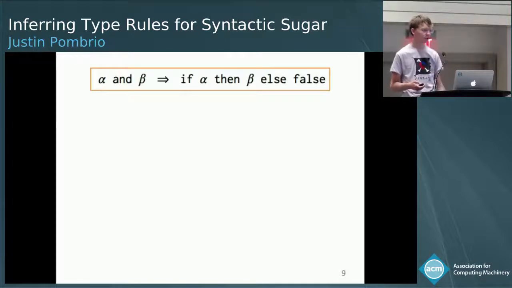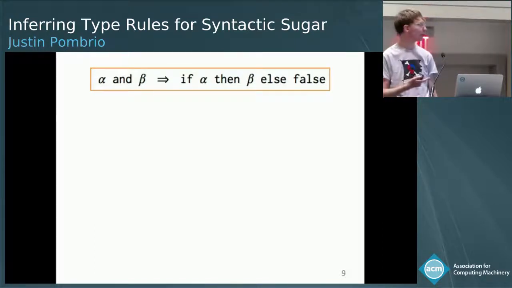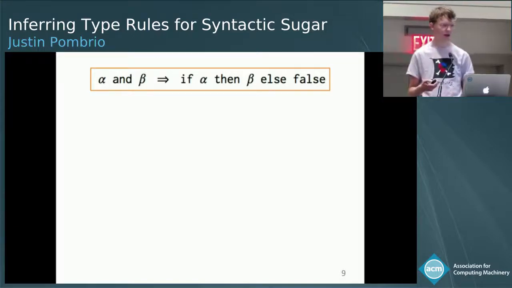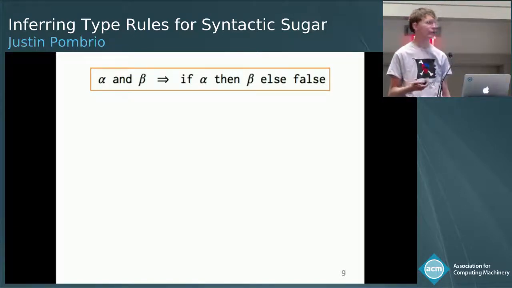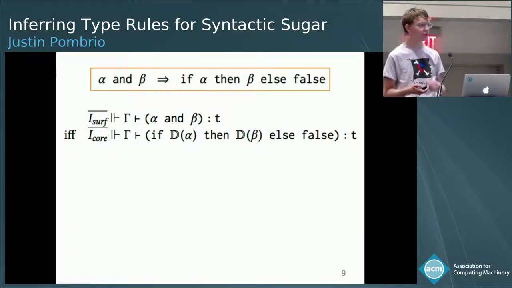So this is an AND sugar. Alpha and beta desugars to if alpha then beta else false. And we would like to construct a type rule for AND. So first of all, what property would we like this type rule to obey? Well, you just saw a very closely related correctness property in the previous talk, but I'll have a slightly different one.